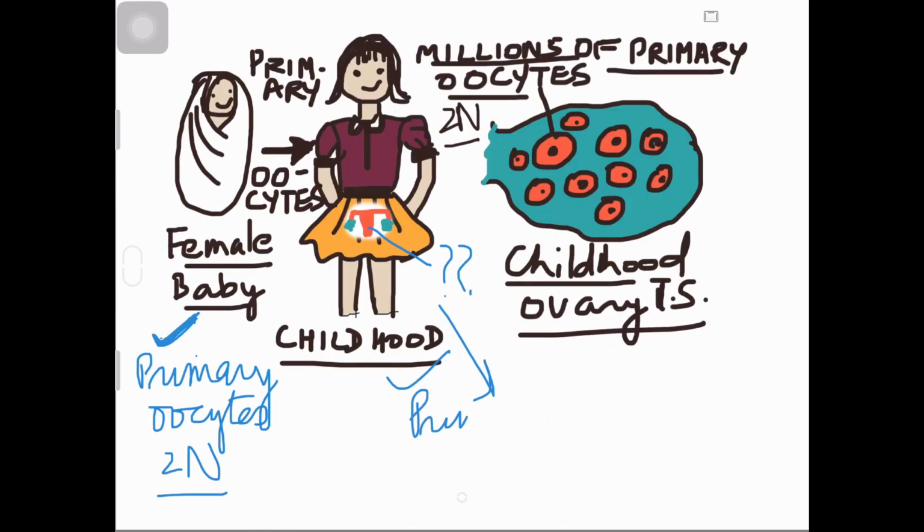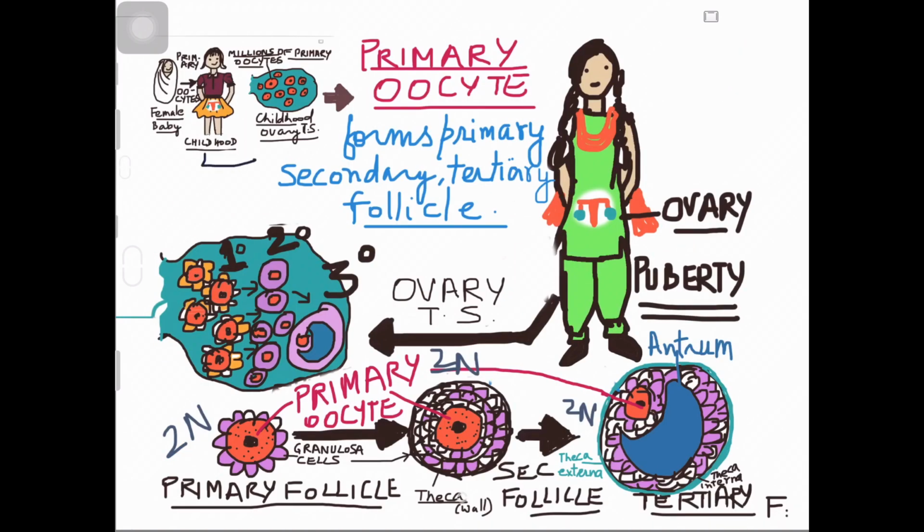Primary oocytes will be carried on further, 2n in nature, in the child also. And this is the childhood ovary transfer section which I have drawn here to show the millions of primary oocytes, 2n in number.